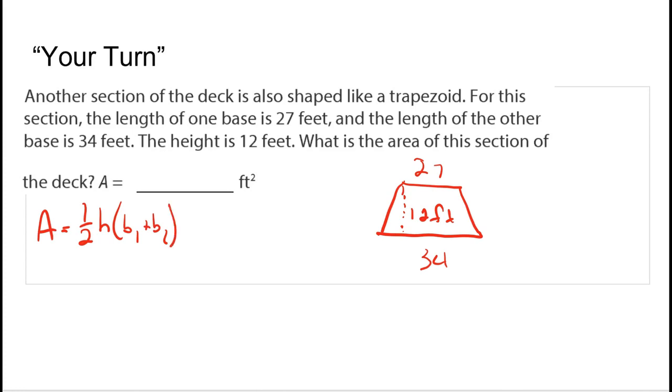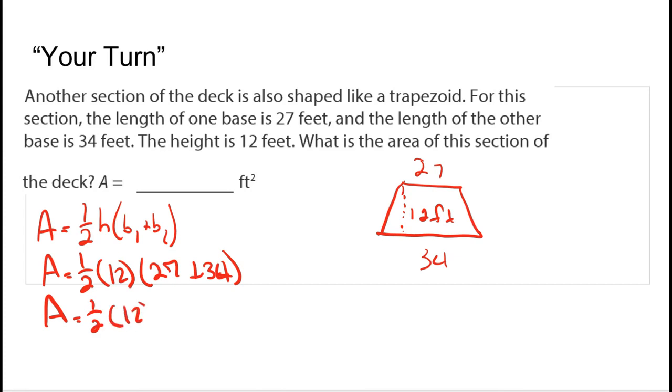Okay, and then we just plug in our information that we have. Our height, we already know, is 12. Base 1 is 27. Base 2 is 34. Sorry, let me erase that. 27 plus 34. And it doesn't matter whether you do 34 plus 27 or 27 plus 34. So then we solve.